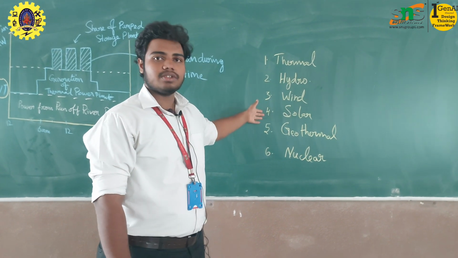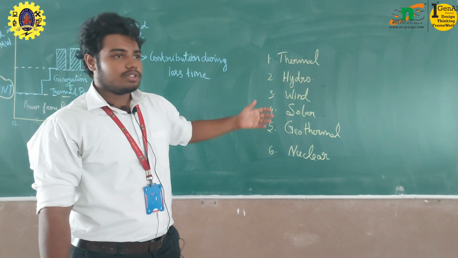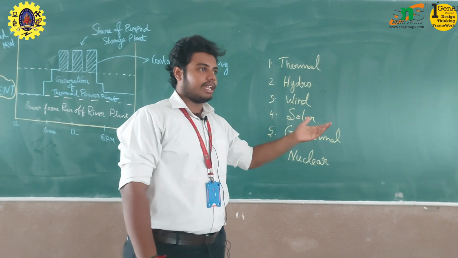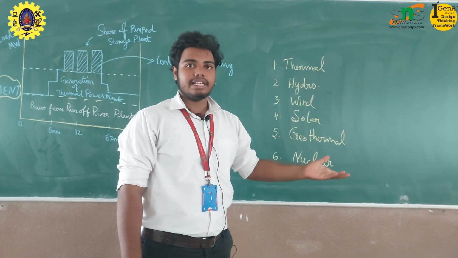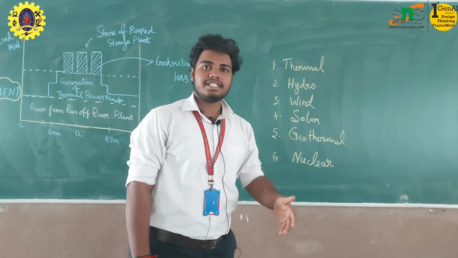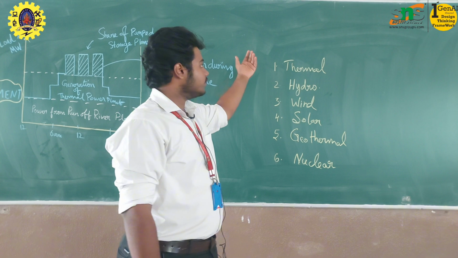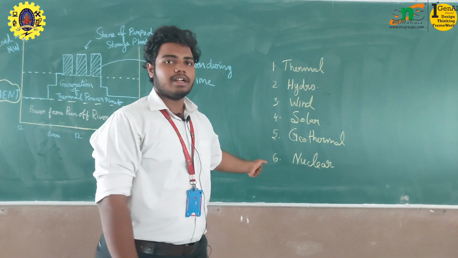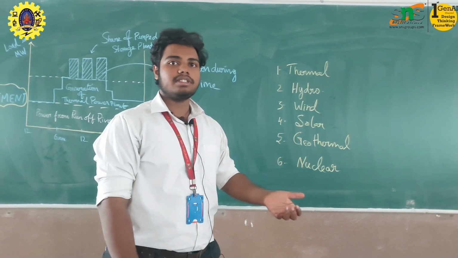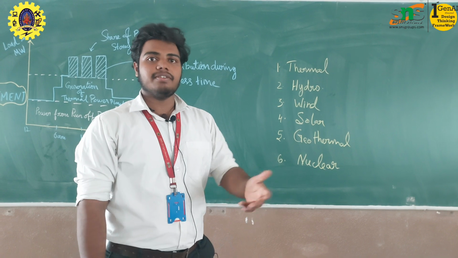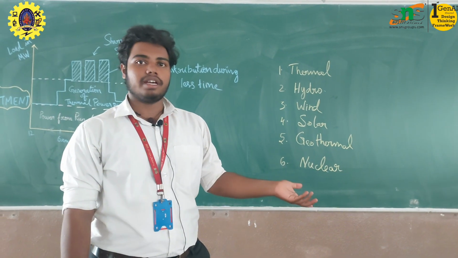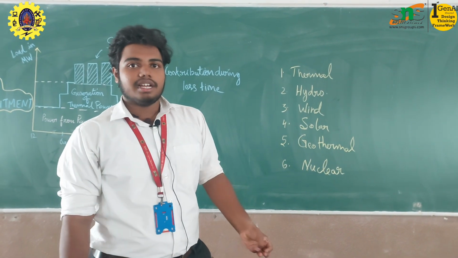If we consider hydro, wind, and solar, they are renewable sources. Whenever it is available naturally, we can easily get energy from it. And thermal, geothermal, and nuclear are the non-renewable sources. We have to burn fossil fuels or use nuclear fission, etc.